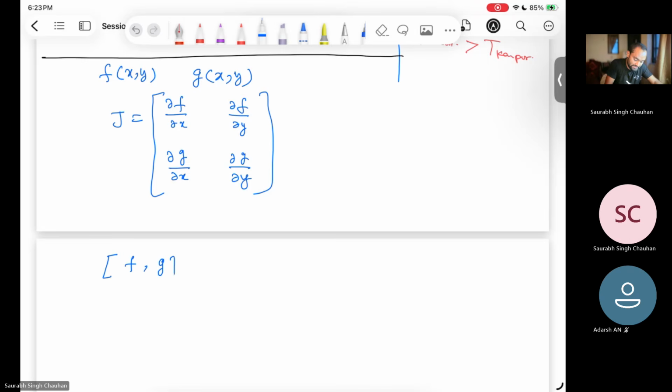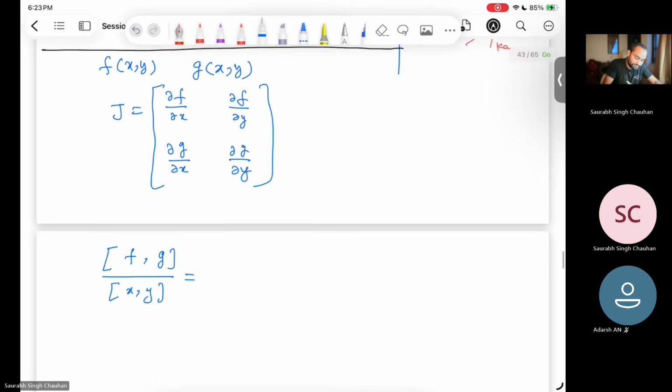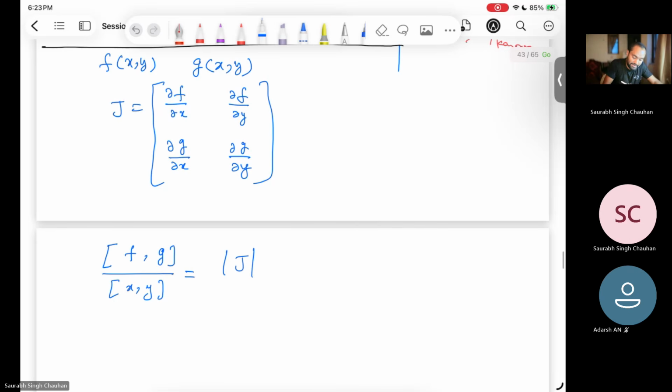If you expand this, we get the partial derivative of f with respect to x times the partial derivative of g with respect to y, minus the partial derivative of f with respect to y times the partial derivative of g with respect to x. Is it okay?